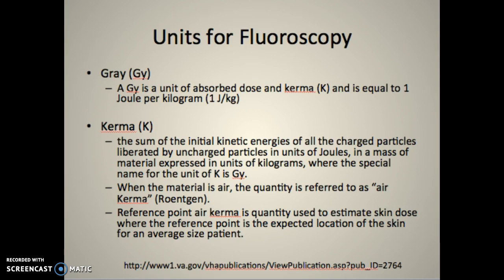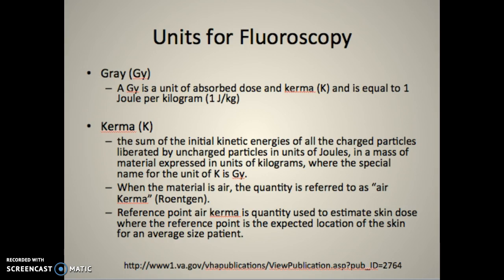All right, hang in there. When the material is air, the quantity is referred to as air kerma. So if I'm talking about roentgen, I'm talking about what comes out of the tube and the dose that comes out of the tube. And we're going to talk about kerma. Kerma and roentgen go together. So air kerma, you're going to refer to that as roentgen.